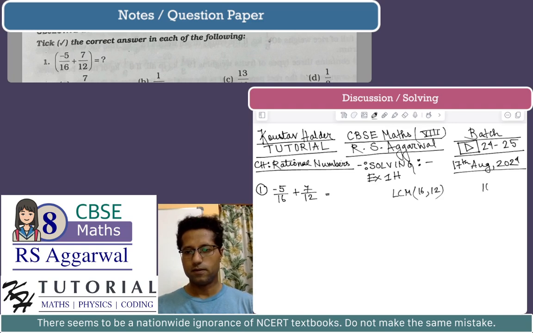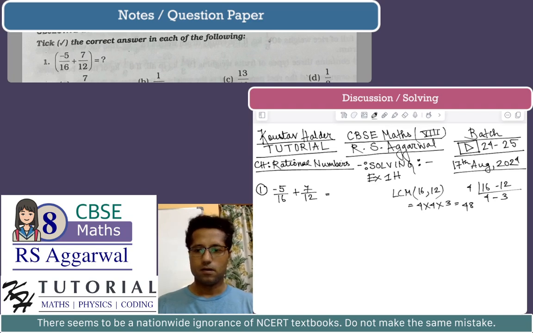We can divide by 4, giving 4 and 3, so the LCM will be 4 into 3, which is equal to 48.